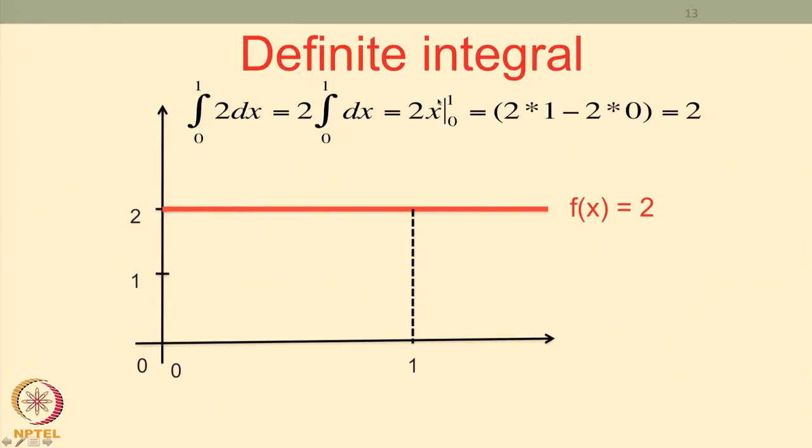I apply the limit: wherever x, I substitute 1, so 2 times 1, and wherever x, I substitute 0, so 2 times 0. So 2 minus 0, the answer is 2. So this is the way to calculate definite integrals.